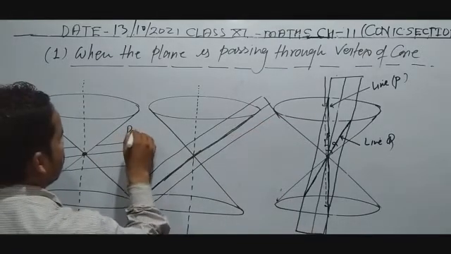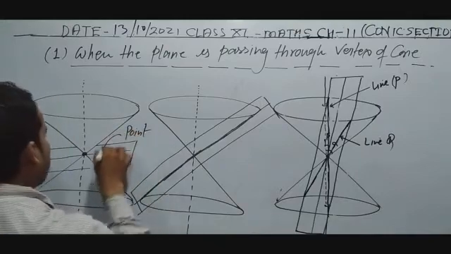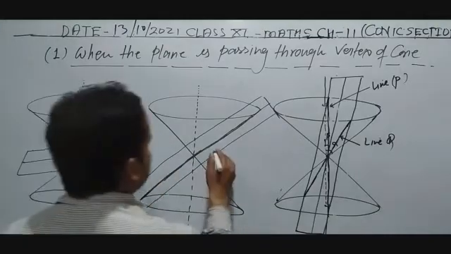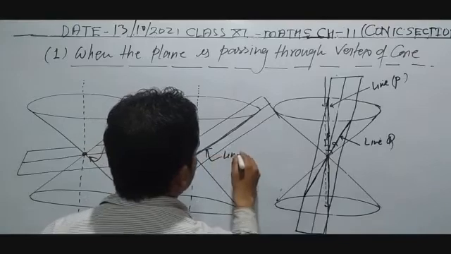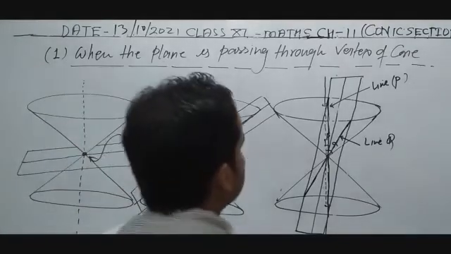This is the point, this is the line, and this is the pair of straight lines.